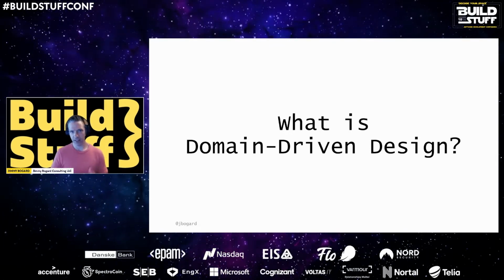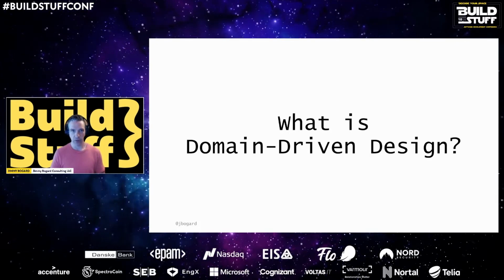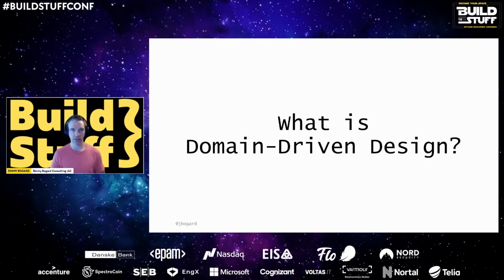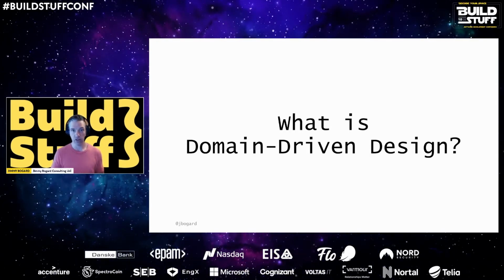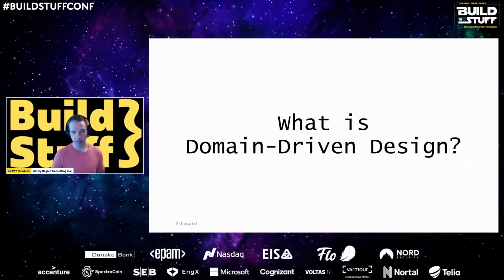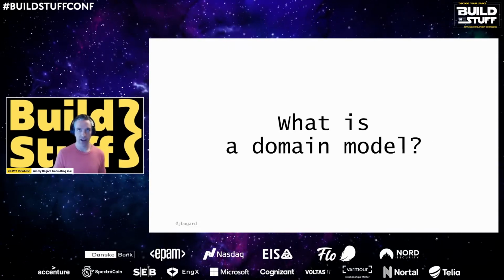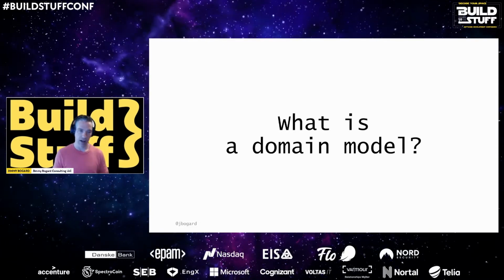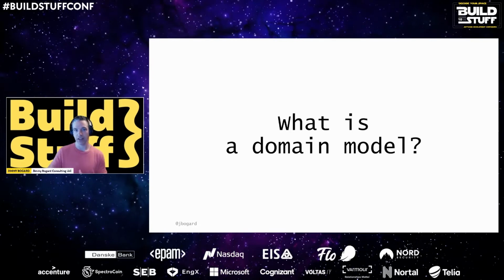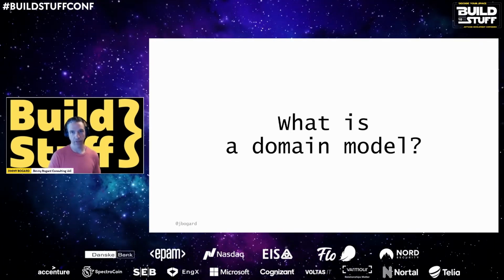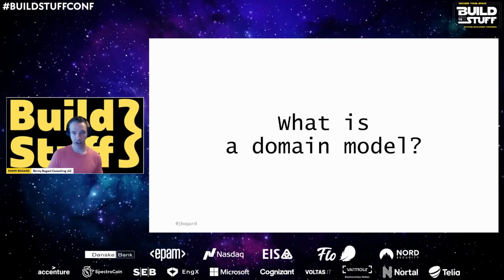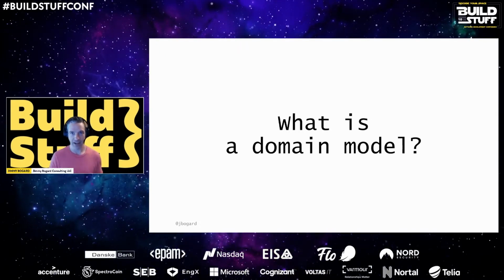And so one of the things that comes out of domain-driven design is that I have to write software that represents the model of the real world. And as part of it, we eventually will get to a domain model. Domain model actually predates domain-driven design. It came before that, and domain-driven design just built on top of it. But the idea of a domain model is an object model of the domain that incorporates both behavior and data.